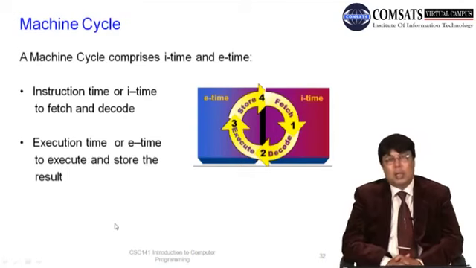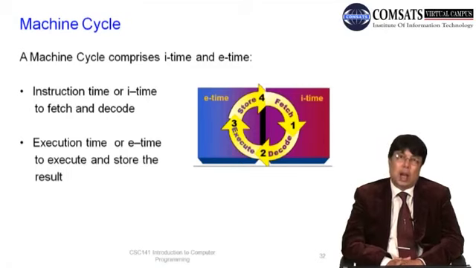For performing these 4 operations, we call it a machine cycle. This machine cycle comprises 2 parts, I time and E time. I time is called instruction time. During the instruction time, the computer performs 2 steps out of the 4 that we have discussed. Means the computer fetches and decodes in the instruction time, or in short, I time.